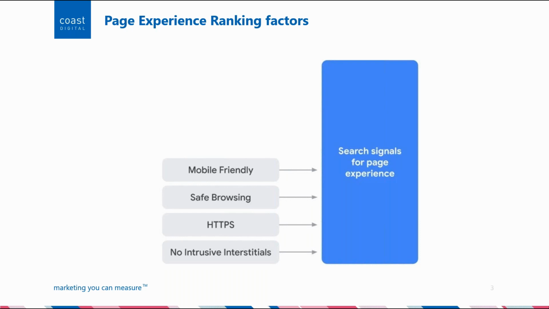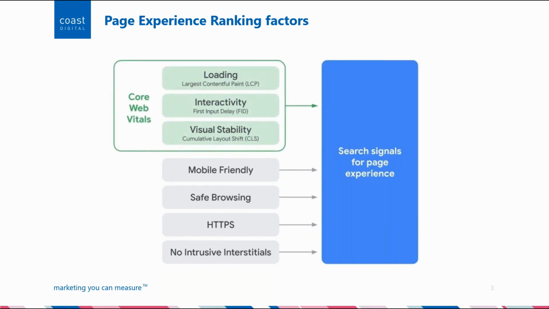And are you running intrusive interstitials and things like pop-ups that block the user journey and perhaps can be a bit intrusive and interruptive to the user journey? So those things already affect your ranking in Google. And essentially, the Core Web Vitals are the next set of additional metrics that affect that score, so your page experience ranking factor.